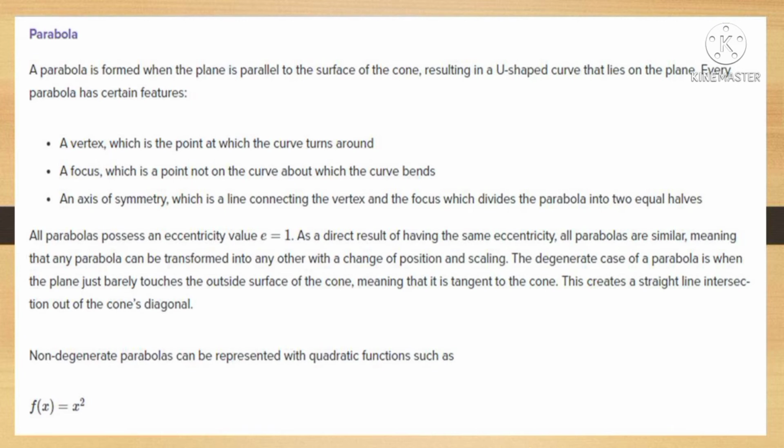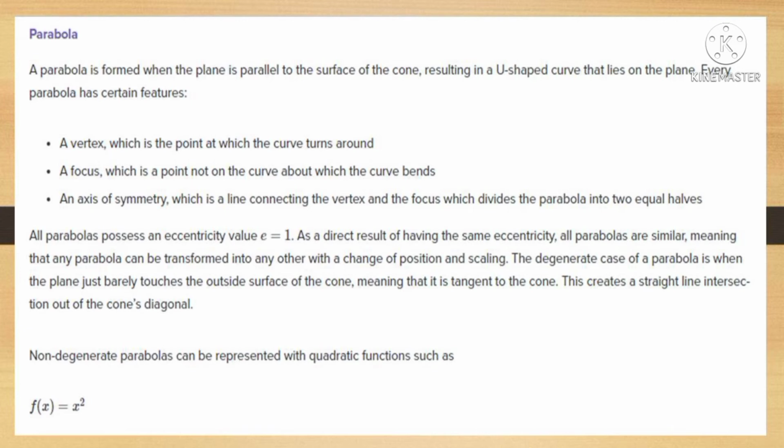Every parabola has certain features. First, a vertex, which is the point at which the curve turns around. Second, a focus, which is a point not on the curve about which the curve bends. Last, an axis of symmetry, which is a line connecting the vertex and the focus, which divides the parabola into 2 equal halves.